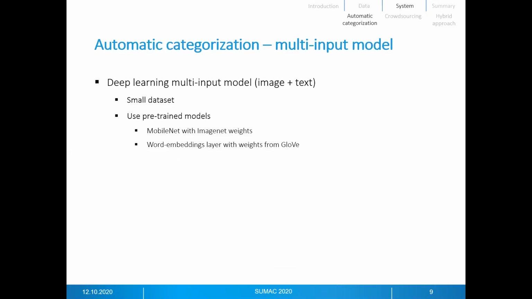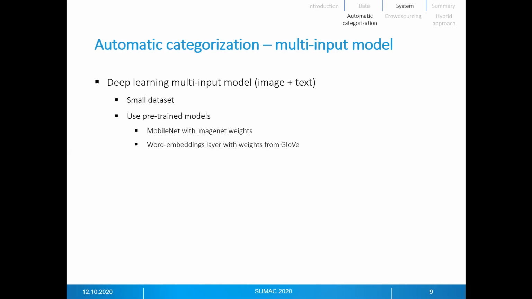Our next step was to evaluate the performance of a deep learning multi-input model that combines text and image features. Considering that our dataset consists of 5,015 samples, the size of this collection would not be enough to build and train a deep learning model from scratch.